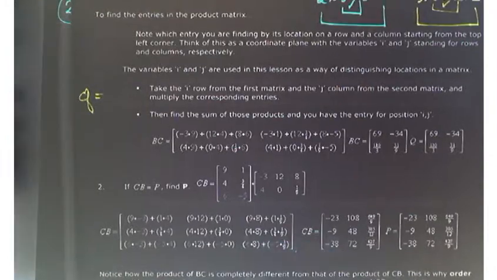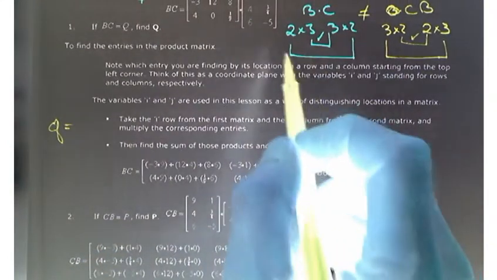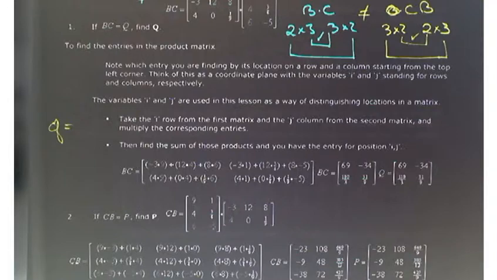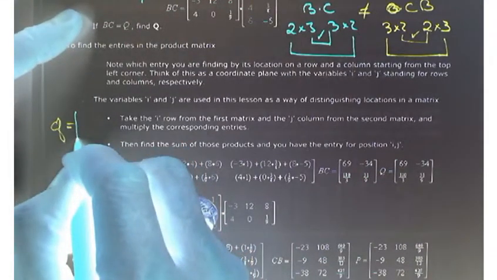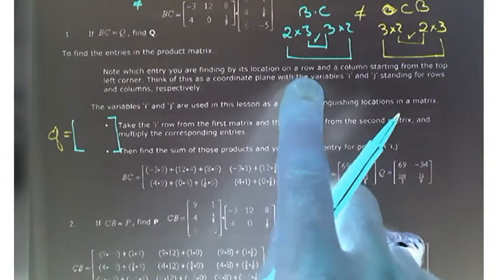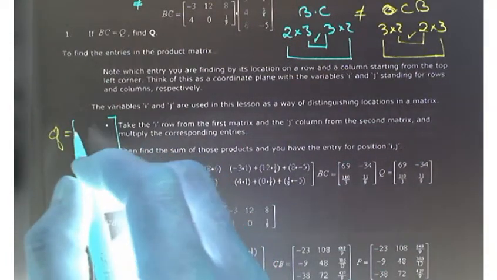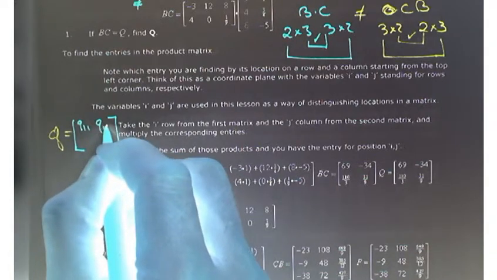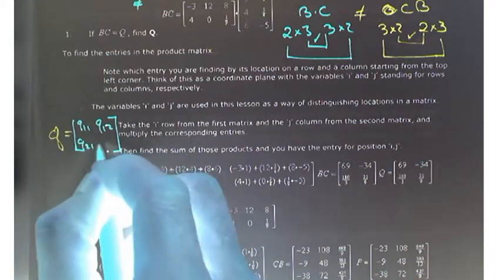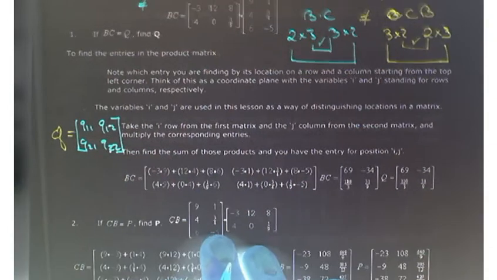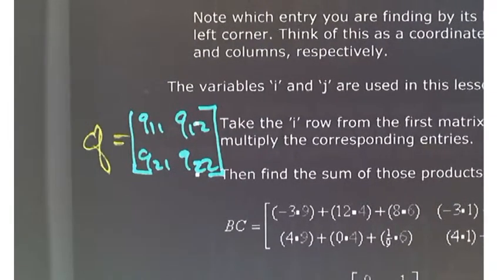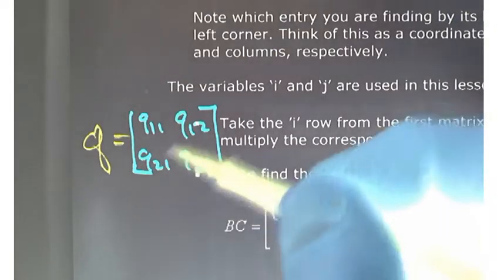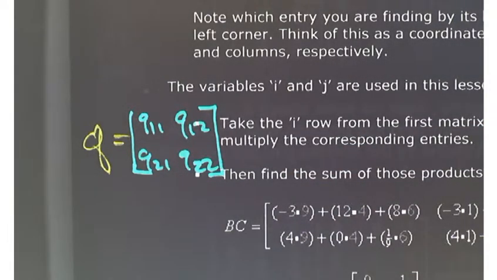Matrix Q is going to be a 2 by 2 matrix, right? It's going to be the outside dimensions. So that means that Q is going to be made up of little elements. I'll call this Q11, Q12, Q21, and Q22. And the reason I want to focus in on those little elements is because this is going to help us understand how to multiply these matrices.